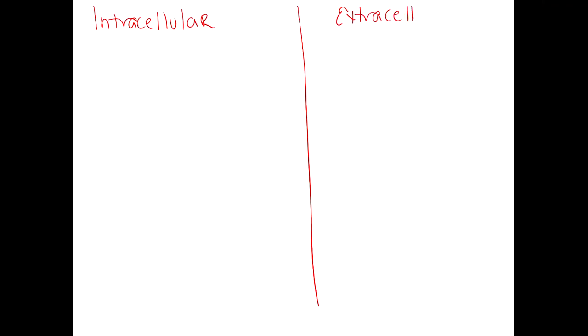So I'm going to go through and talk about intracellular antigens versus extracellular antigens. Okay, so intracellular antigens, remember, this is going to be a virus or it's going to be cancer, along those lines.